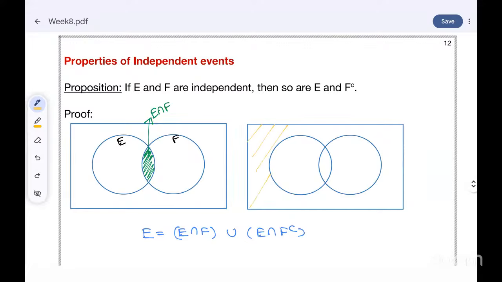What is F complement first of all? If this is your F, everything outside of F is F complement, right? So all this is F complement. From this, what is E intersection F complement? It is this region.